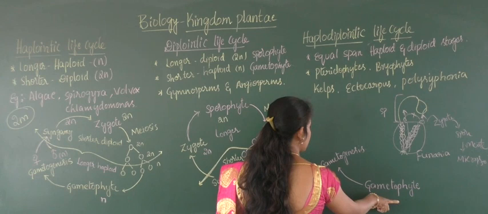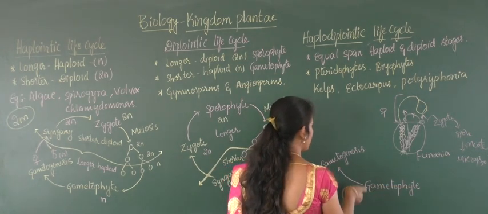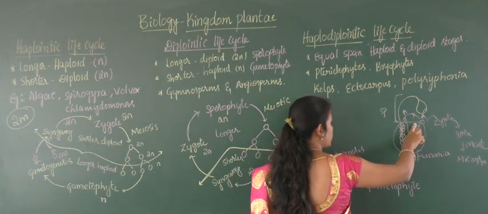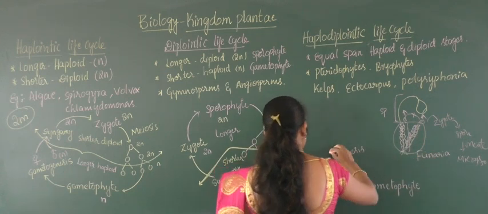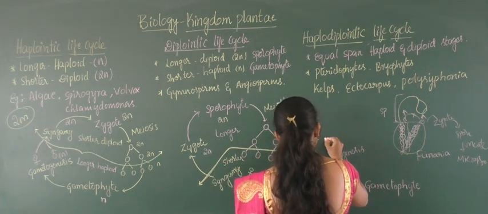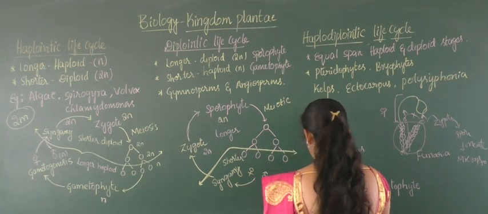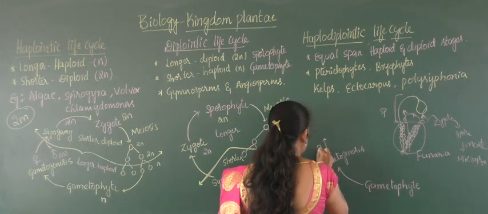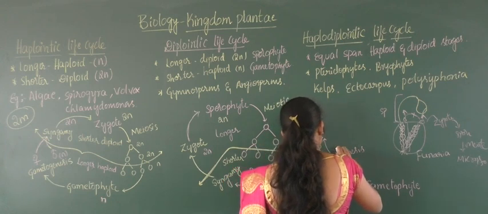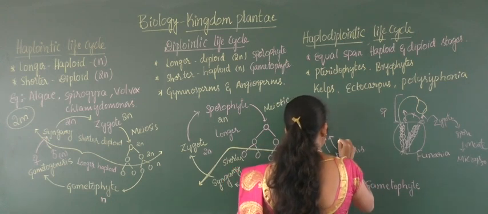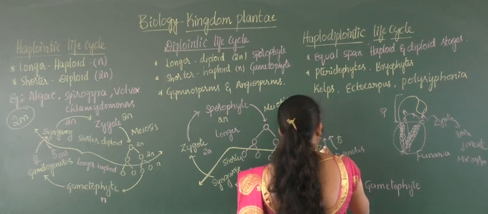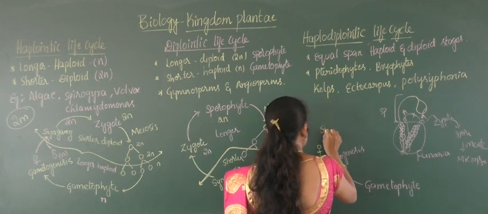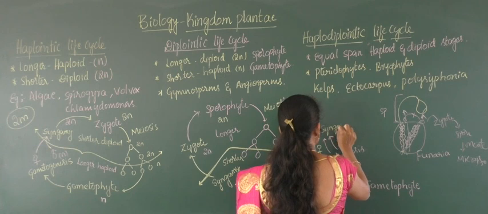So you take this gametophytic part of the plant body and the gametogenesis process up to here, and the end of gametogenesis results in gametes separately, male and female, and these two fuse together in syngamy.